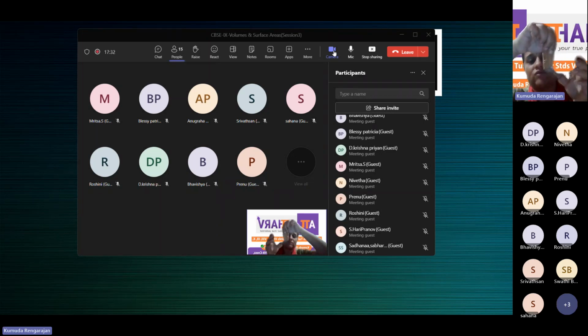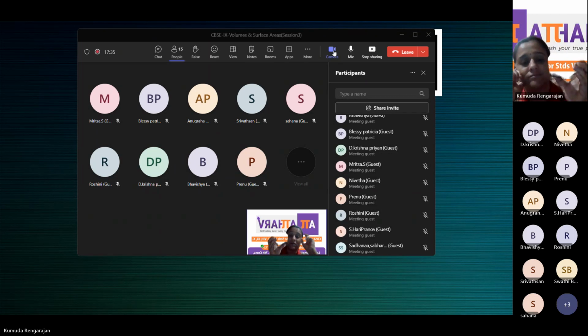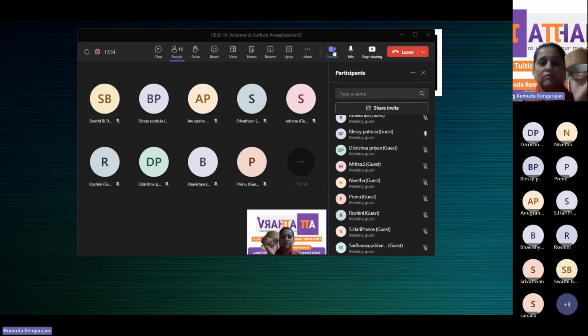Now clarify one thing for me, all of you. Can you see this object which I'm showing you clearly? Or it's not visible? Yes, ma'am. No, ma'am, it's not visible. That's because I have a backdrop. One second, I'll just remove my backdrop.